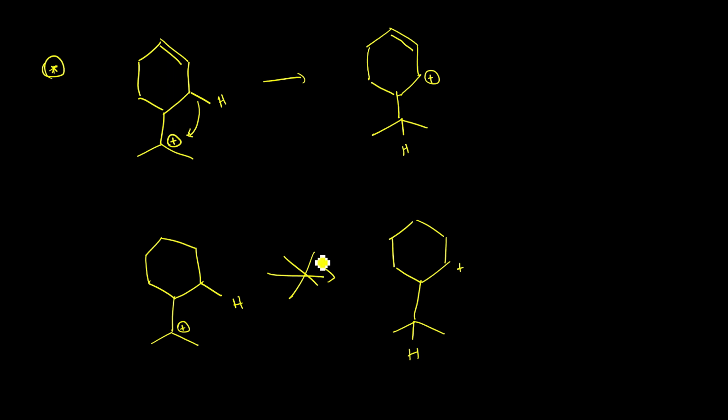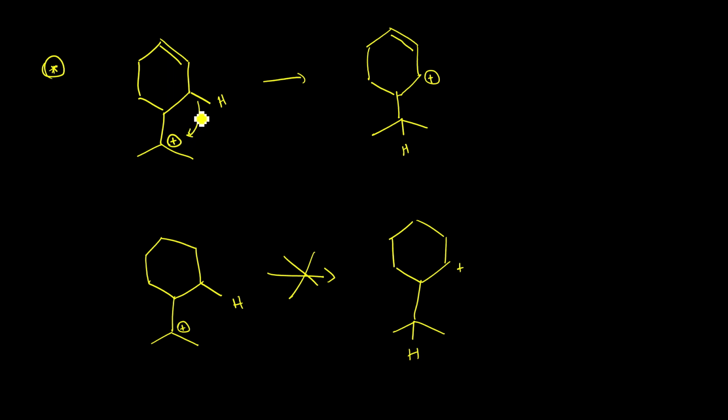You must have some kind of answer why this is not possible but this is possible, right? It's because of this double bond. When this shift happens, it is a 1,3 shift. You can see it's a longer shift. That's why I told you this is not common.